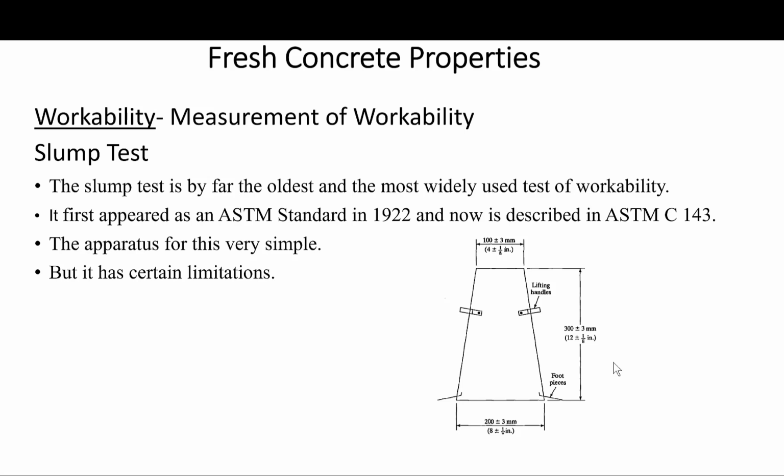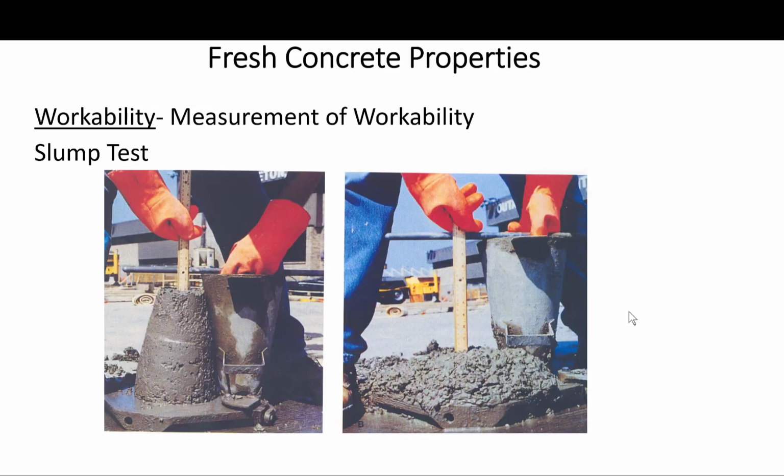The mold is filled in 3 layers, and each layer is rodded 25 times with a 16 millimeter diameter steel rod. After the top layer is struck off, the mold is lifted away vertically and the slump is measured, as you can see here.